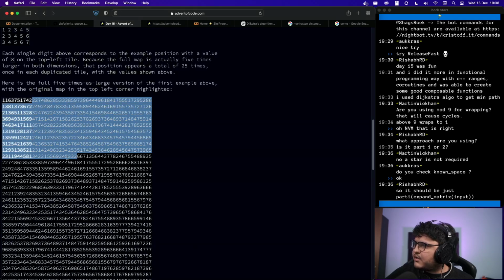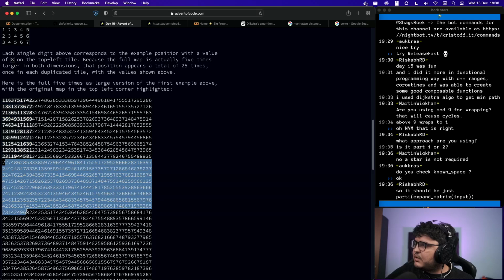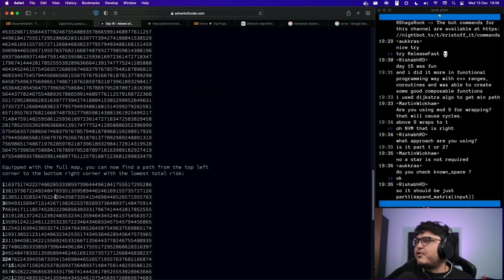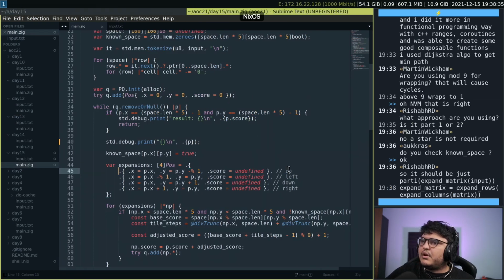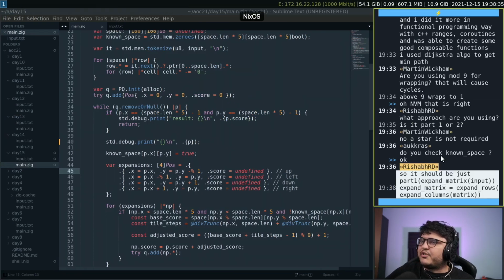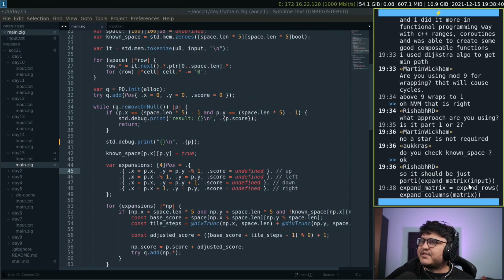Like this block is equal to this block. Yeah, no, but I was thinking maybe of cutting something, but it won't work. Rishabh, I'm not using this logic, so this doesn't have any meaning for me.